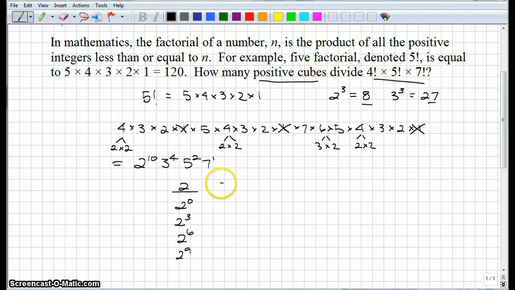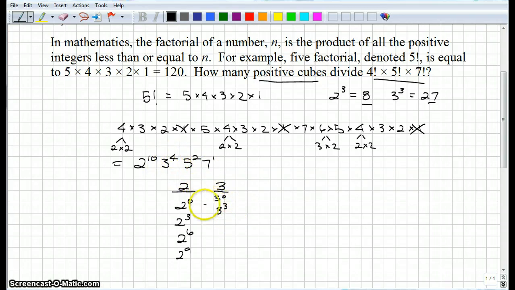Now let's look at the factors of 3 that would give us cubes. 3 to the 0 is again 1, and 3 cubed will divide into this, and anything higher than 3 cubed isn't going to work because we only have 4 3's in the number.